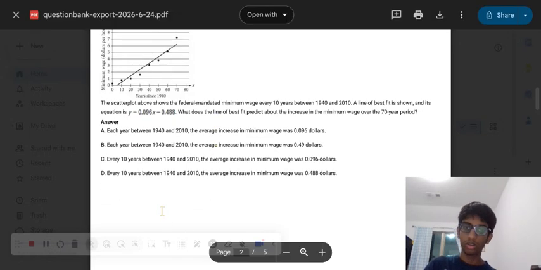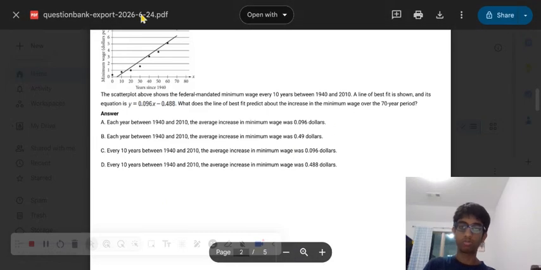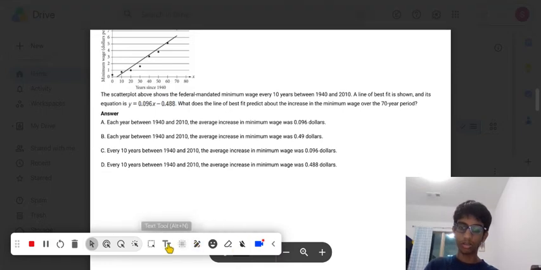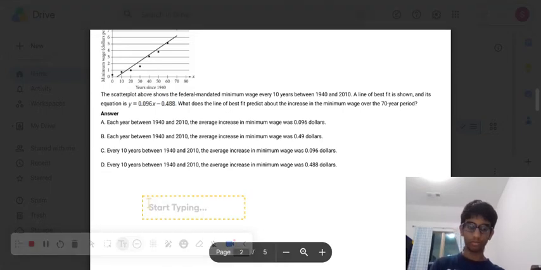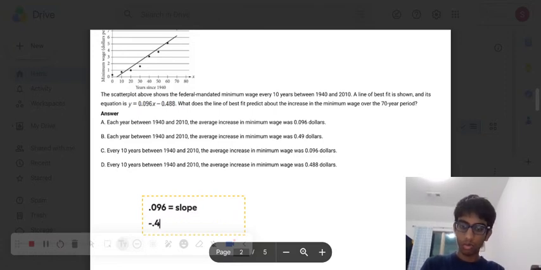Well, what do we know about our line right here? We know that 0.096 is our slope, and we know that negative 0.488 is our y-intercept.